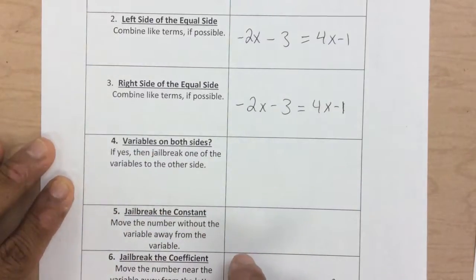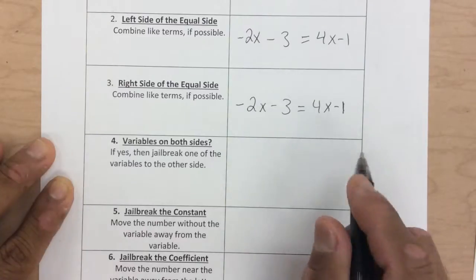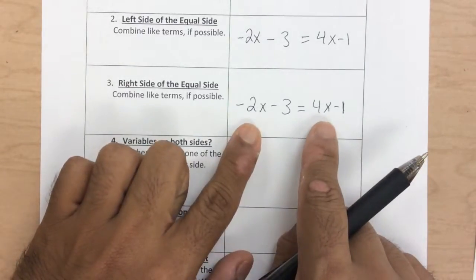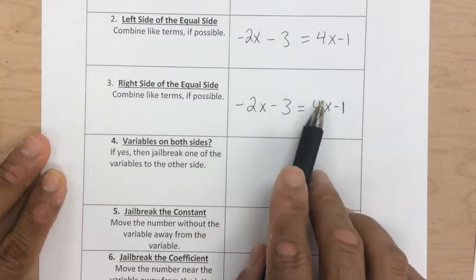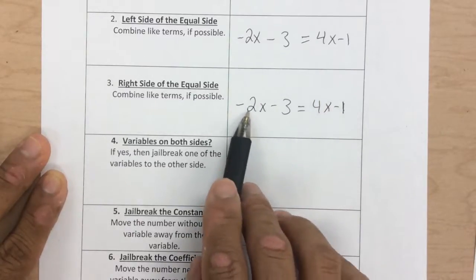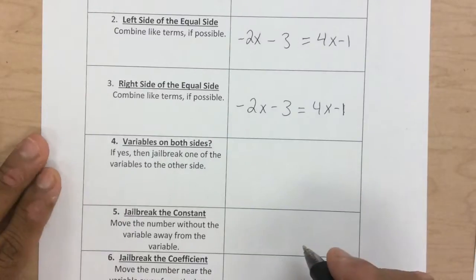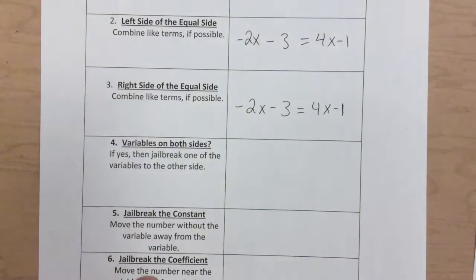Moving on to step number 4. Variables on both sides? If yes, then jailbreak one of the variables to the other side. I do have variables on both sides of the equal sign, so I have to decide, do I want to move the 2x over here, or do I want to move the 4x over here? My recommendation is move the variable that will give you a positive number. Try not to deal with negative numbers if you can.